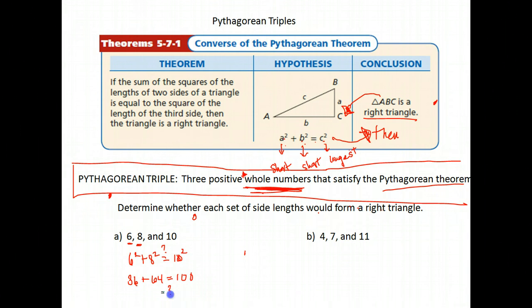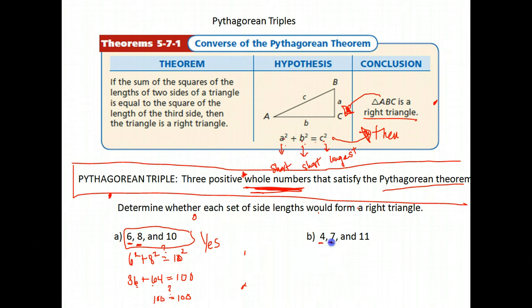You're asking yourself, is 36 plus 64 equal to 100? And it is. 100 does equal 100. So 6, 8, and 10, yes, they would form a right triangle, and they would be a Pythagorean triple because they're all whole numbers.